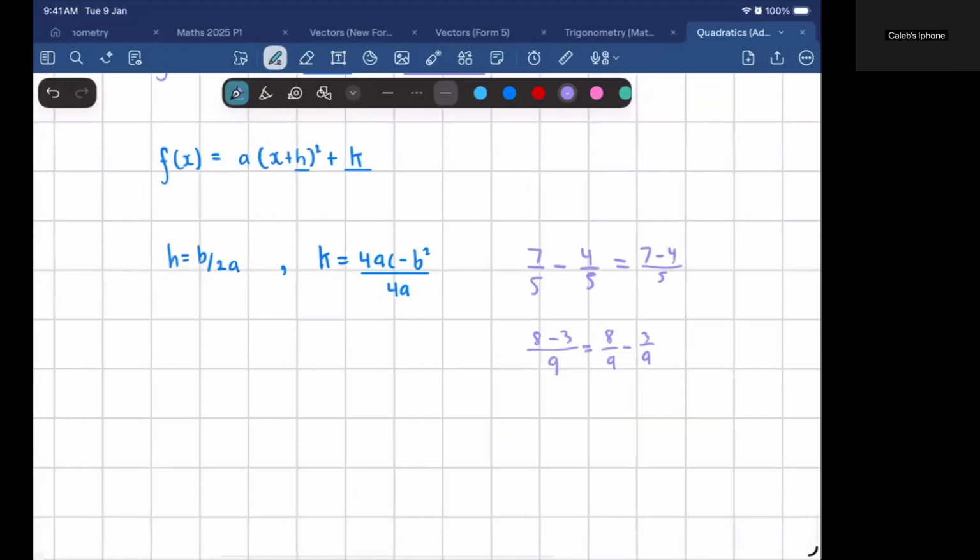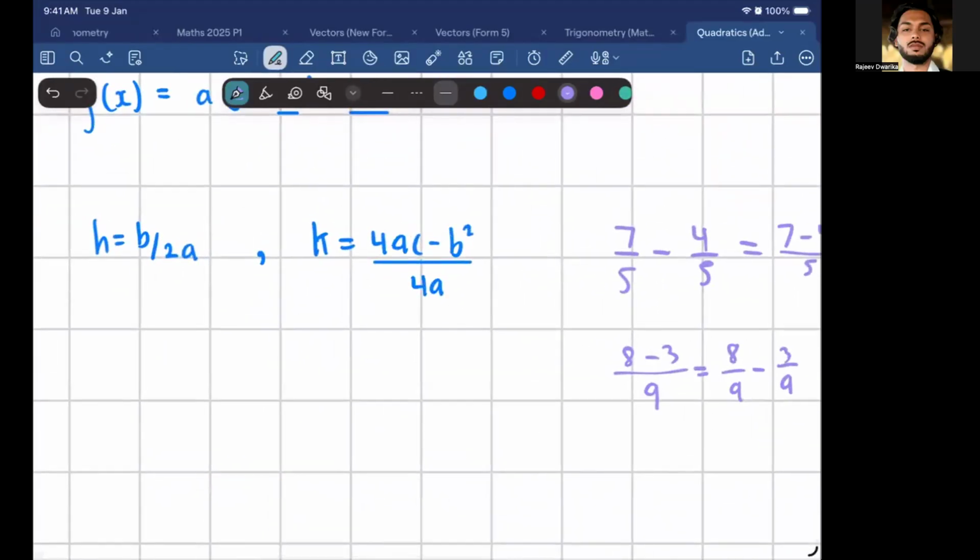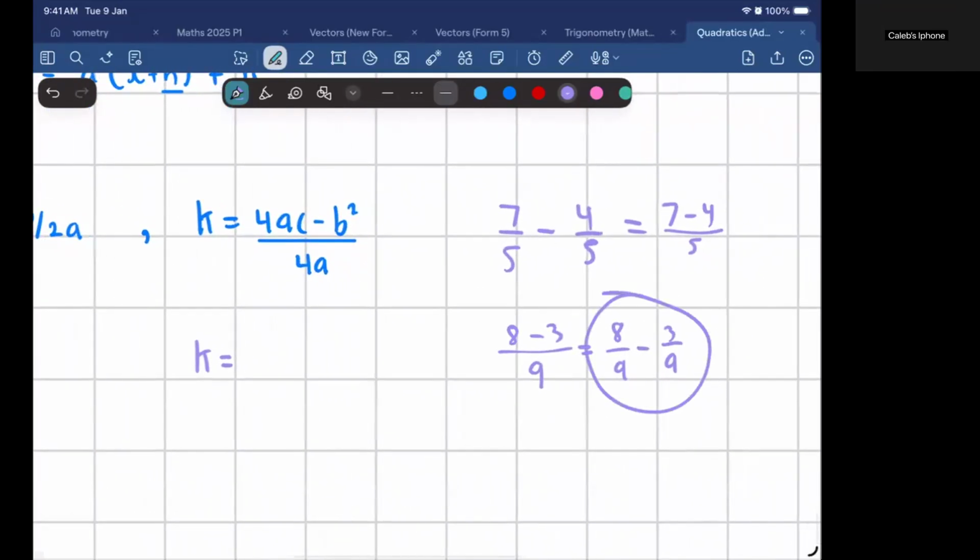Okay, so Caleb, I want you to apply that same concept over here. You see how we have over 4A? Yes, sir. We could split it up like this. So if I split it up, tell me what to write.